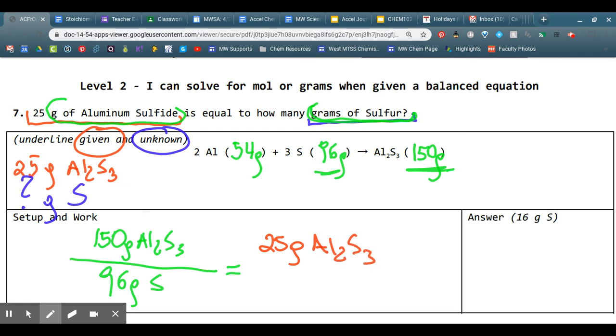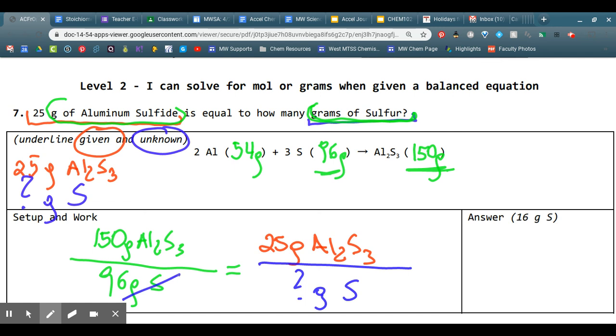And then my unknown is grams of sulfur. So question mark grams of sulfur. We're going to go ahead and cross multiply. So that's 96 grams of sulfur times 25 grams of aluminum sulfide, and divide all of that by 150 grams of aluminum sulfide. Cross off all the units.